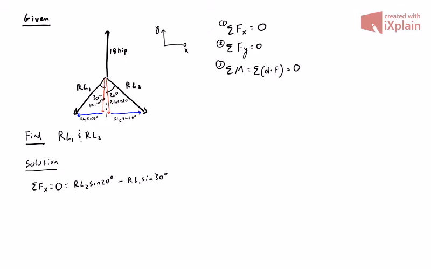All right, so we move on to doing sum of the forces in the y direction. For this, we can see we have 18 kips in the upward direction. And then in the downward direction, we have RL1 cosine of 30 and also RL2 cosine of 20.